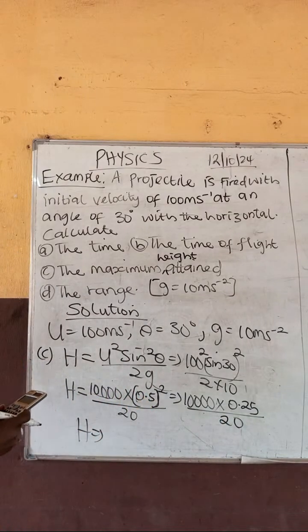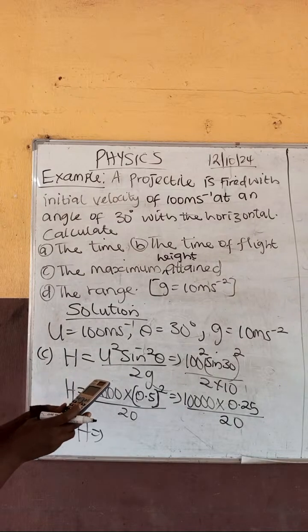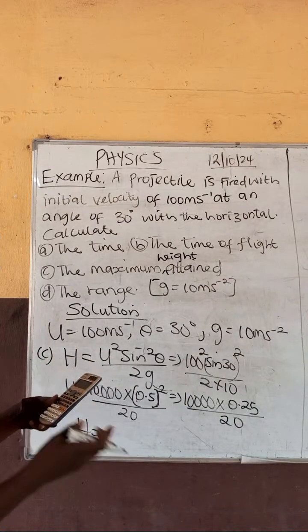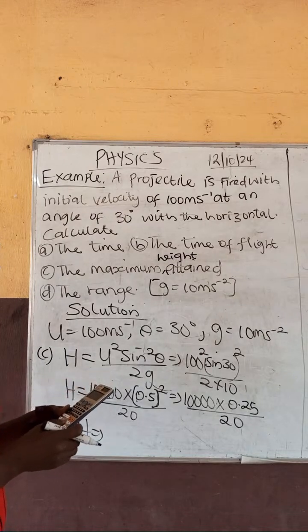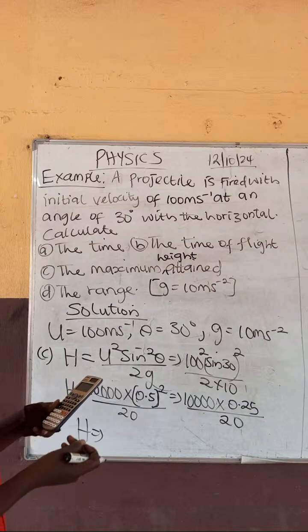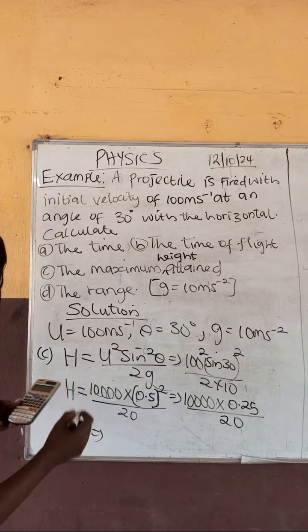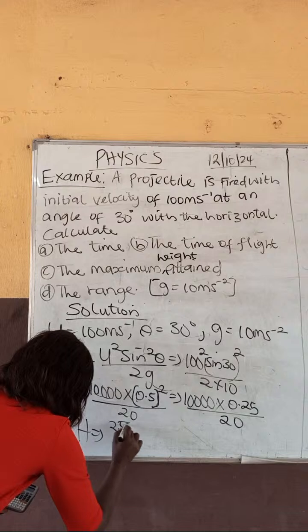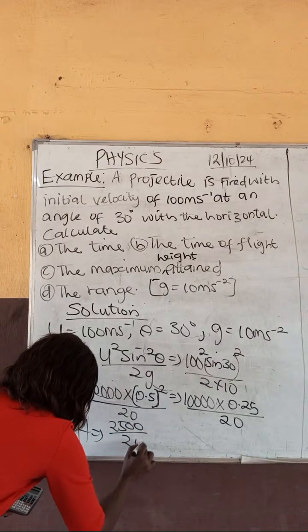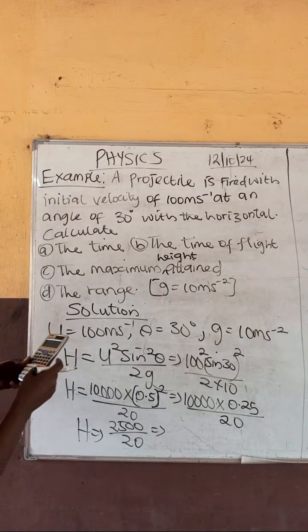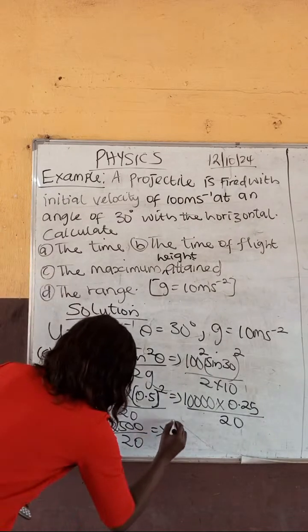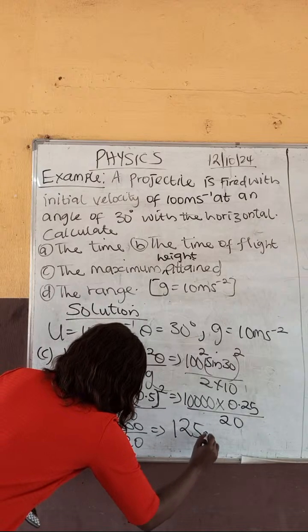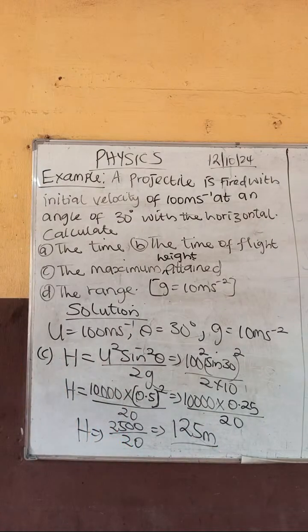So what you're going to do now is to multiply: this is 10,000 times 0.25. So we have 2,500. So this is 2,500 divided by 20. So divide our answer by 20. My answer becomes 125 meters. Hope you understand that.